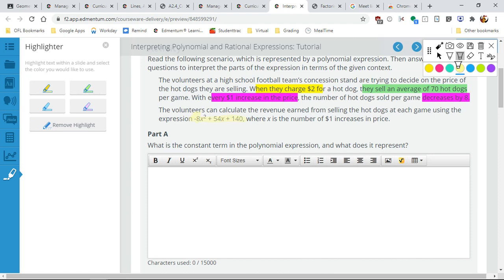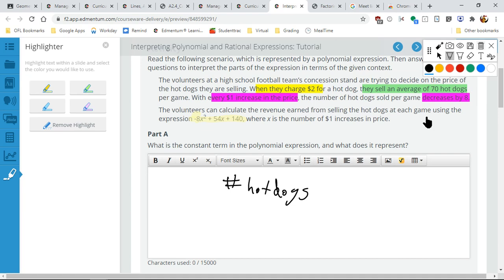So we have this really weird formula. But we want to figure out where X and the number of hot dogs increases the price. So let's think about it this way. What is average? Average is when we add up all the hot dogs and divide it, right? So we're taking the number of hot dogs, and that's going to be our average, right?